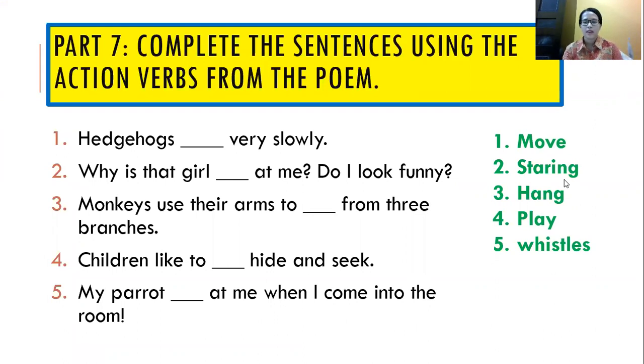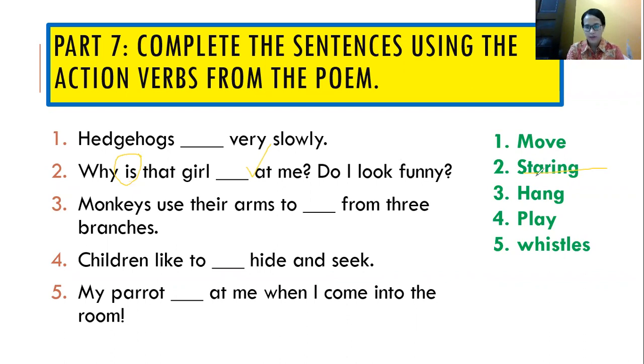Why use staring? Because check again the tenses that you have. If you use "is" here, it means you only use the verb plus -ing. So the condition is like present continuous, happening at that moment. So, why is that girl staring at me?